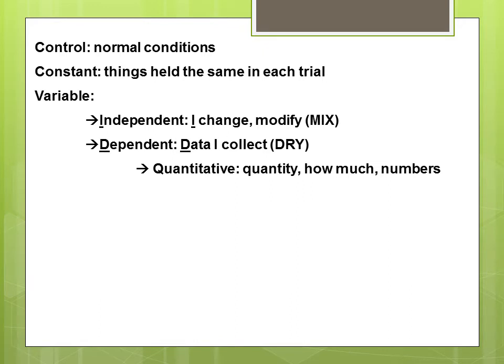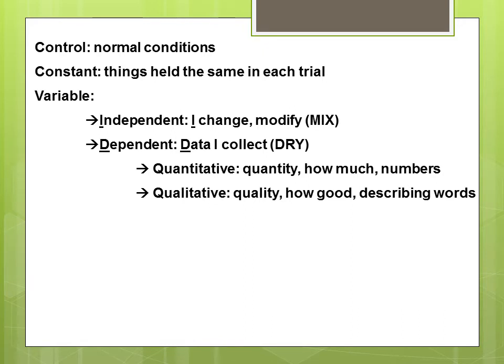But there are two types of data you can collect. You can collect quantitative data, which is quantity. So quantitative, quantity, think numbers. Qualitative is the quality, how good something is. These are the describing words.